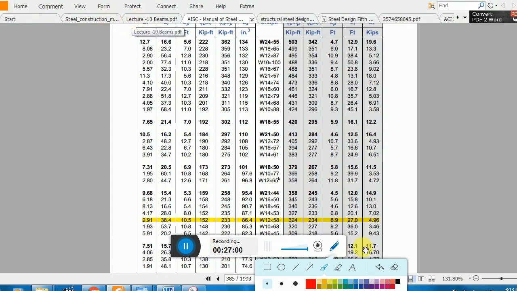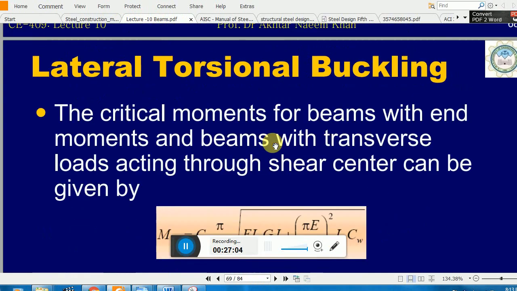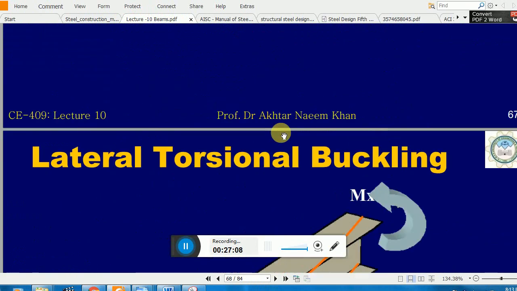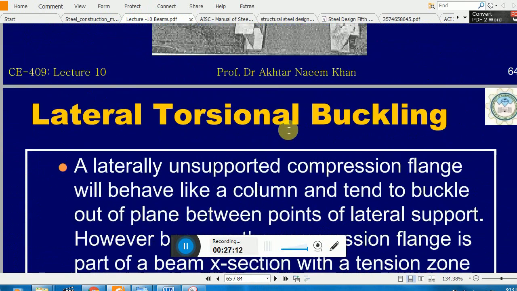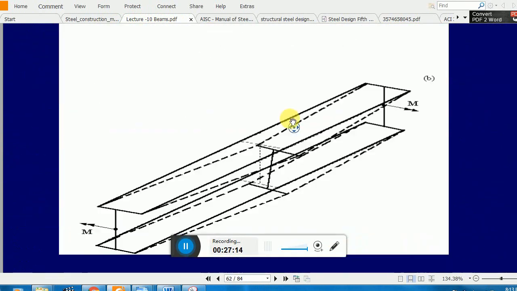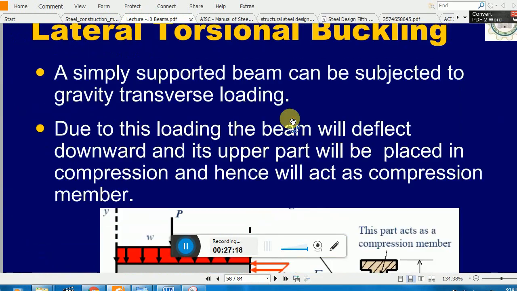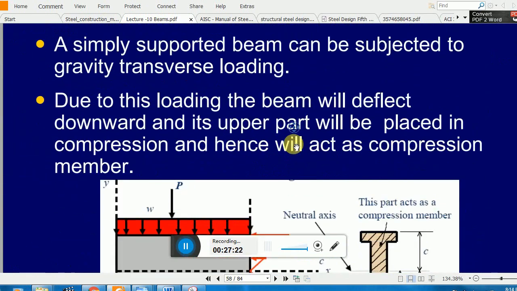Okay, in this one they shortcut this formula, but your Fcr value is in the LRFD manual as well. Okay, so I will show you, inshallah, this formula as well in my coming lecture, from where these Fcr values come out.